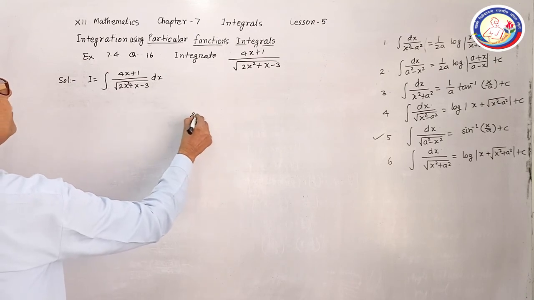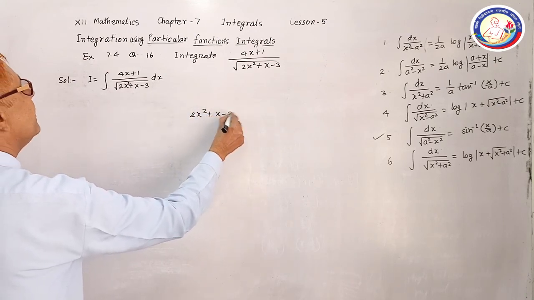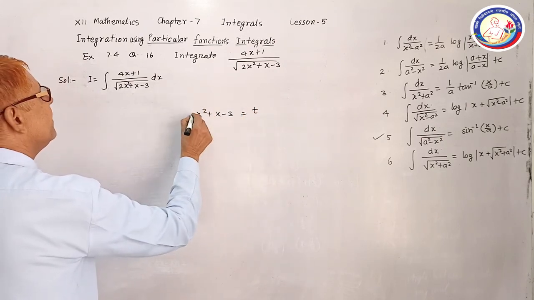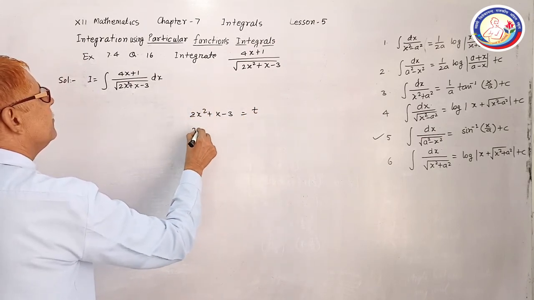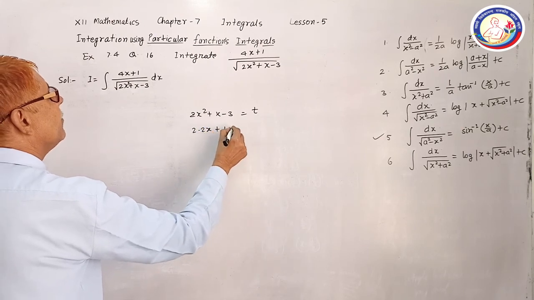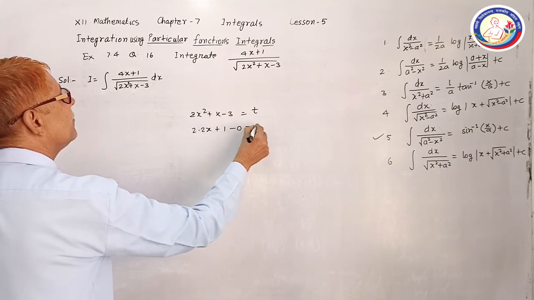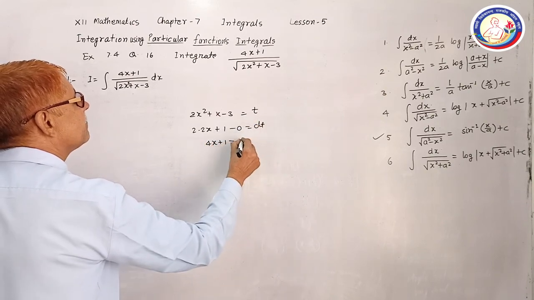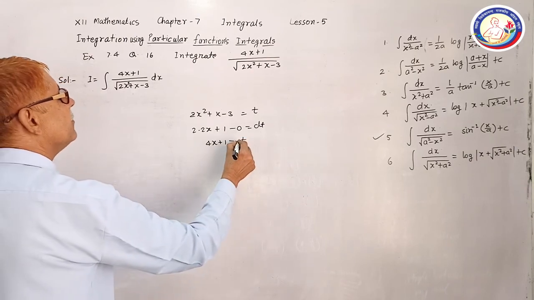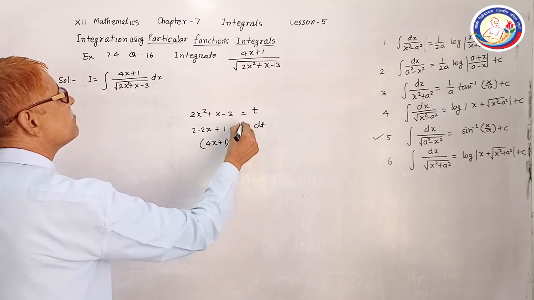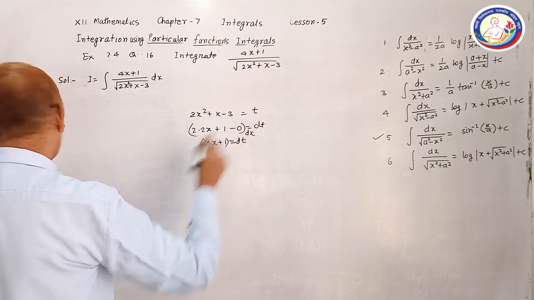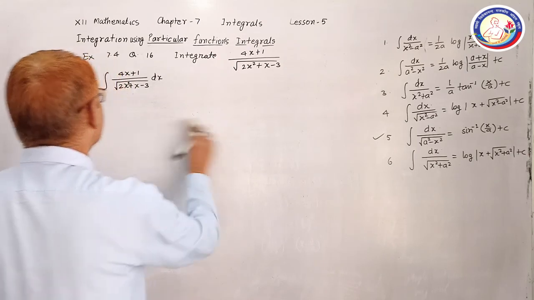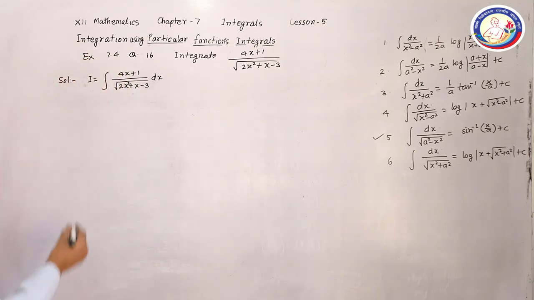Here if we put 2x square plus x minus 3 equal to t, then the derivative will be 2 into (2x plus 1) minus 0 equal to dt, or 4x plus 1 equal to dt by dx. So using substitution we can find the integration of this easily.